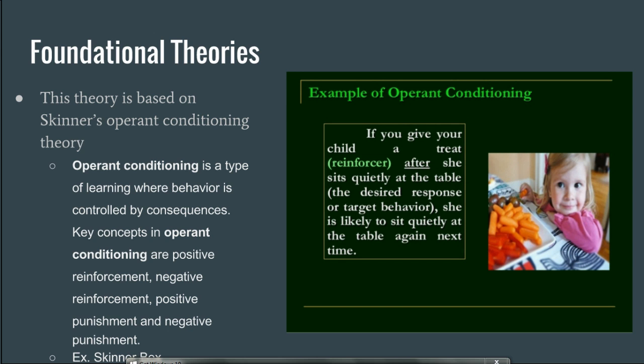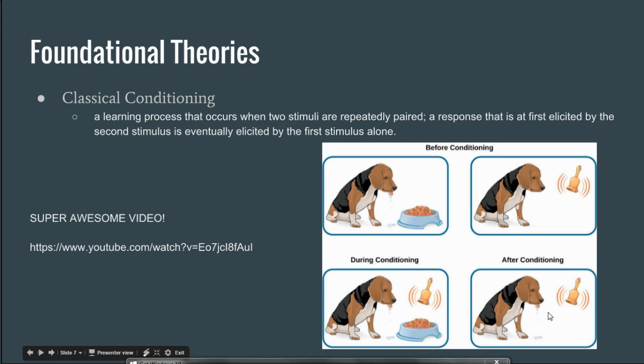I don't know if you're familiar with the Skinner box, but that's where Skinner put a rat or mouse in a box, and every time it pushed a lever, it would get a treat or some kind of food. So the rat learned that every time it pushed the button, it would get food. That's how that works.